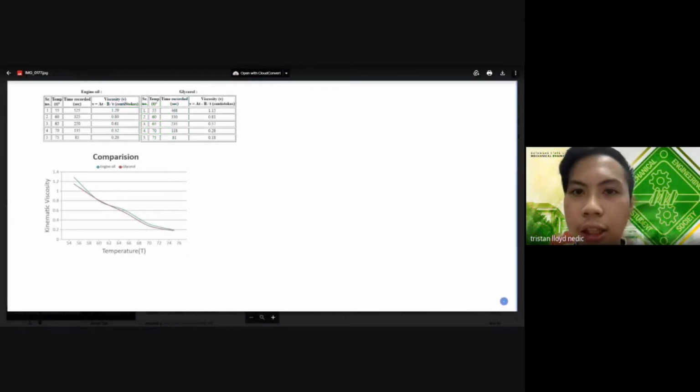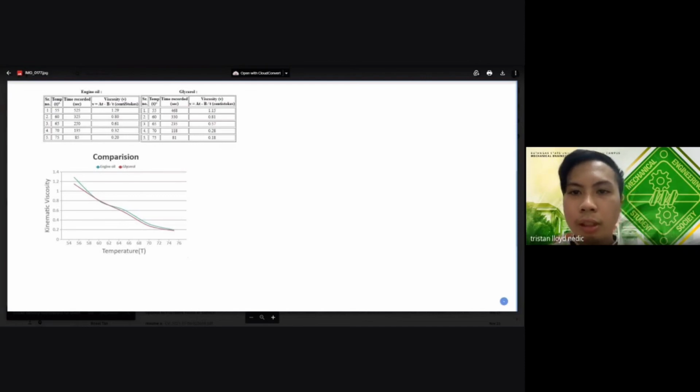We can see in the engine oil, the lowest temperature has a higher viscosity, and the highest temperature has the lowest viscosity. Also, the same in glycerol, the lowest temperature has the highest viscosity and the highest temperature has the lowest viscosity.